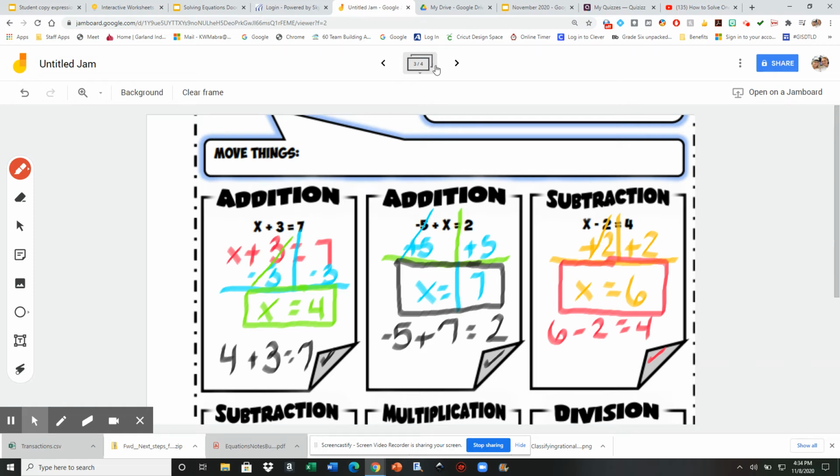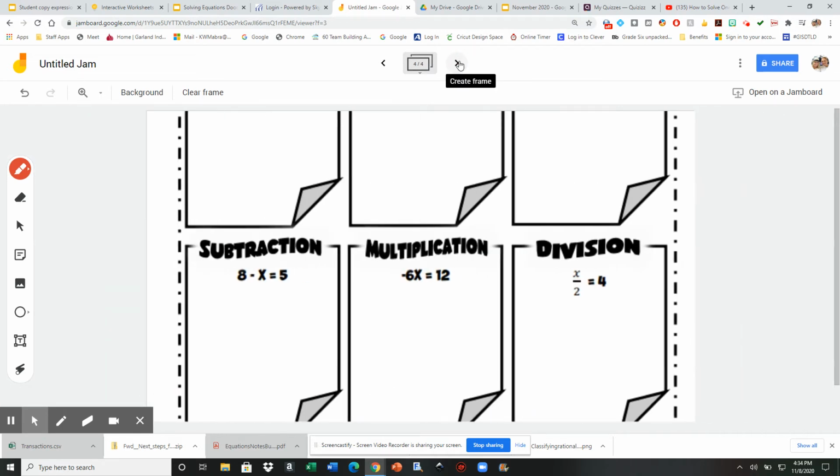All right, let's do a different kind of subtraction problem that's actually a little bit more complex. So we have 8 minus x is equal to 5.